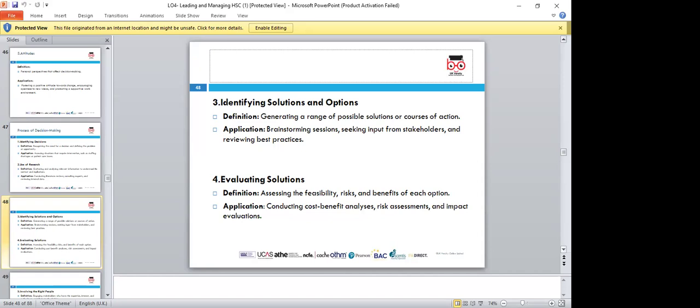So evaluation, definition: assessing the feasibility, risks, and benefits of each option. Applications: you are conducting a cost-benefit analysis, looking into risk assessments, and then the impact of evaluations.